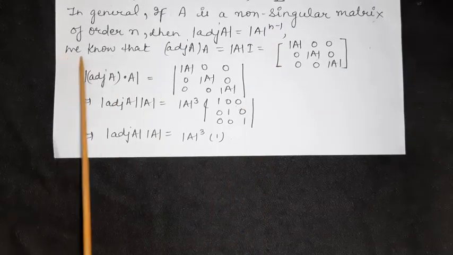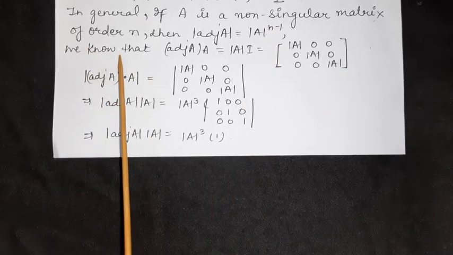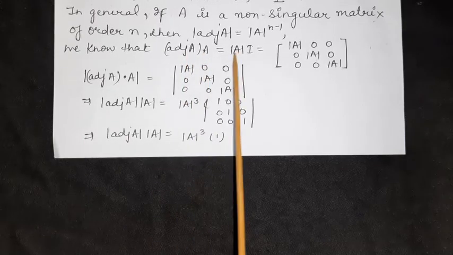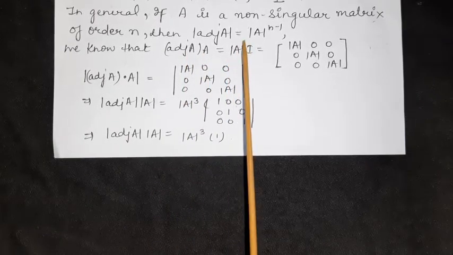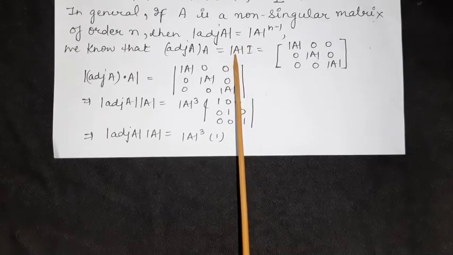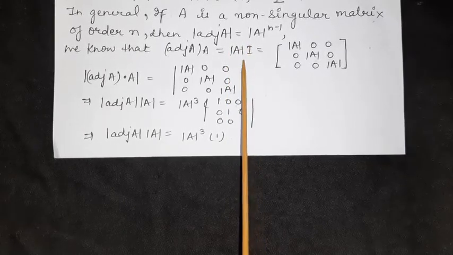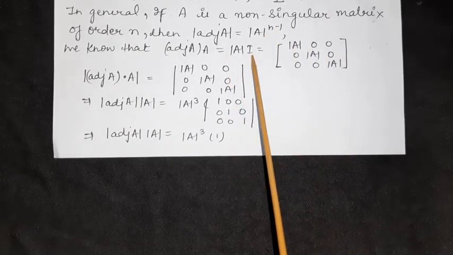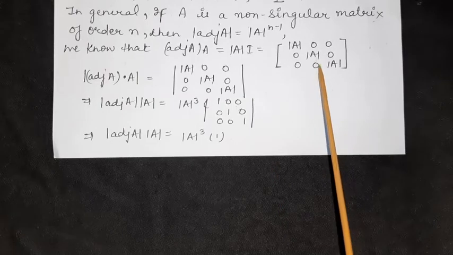So we'll start with our result only. We already know that adjoint A when multiplied with A gives us the determinant of A into I. When I say the determinant of A into I, it means we are multiplying the determinant of A with our identity matrix. Here we have taken the identity matrix of order 3.